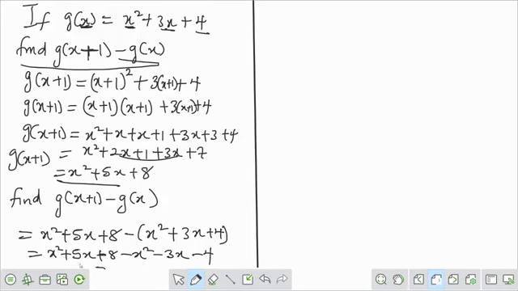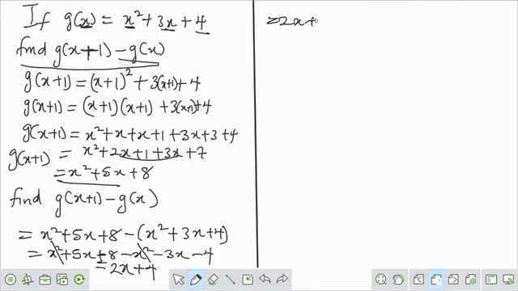X squared cancels x squared. 5x minus 3x is 2x, and 8 minus 4 is plus 4. So that's the final answer. Our final answer is just 2x plus 4.